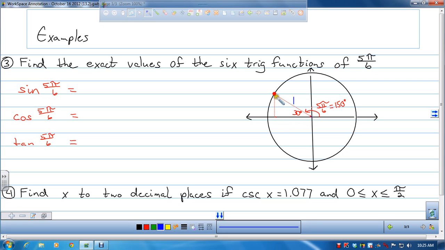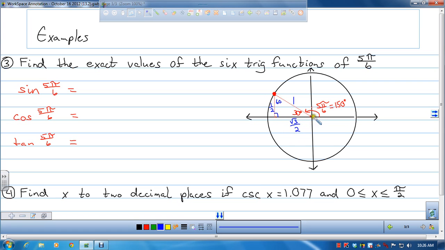And in a 30, 60, 90 triangle, I know the relationship between the short leg and the hypotenuse. I take the short leg times 2 to get the hypotenuse, right? Which means that the short leg is half the hypotenuse, which in this case would be 1/2. Then what do I do to the short leg to get the long leg? Short leg times root 3, if you remember, to get the long leg. So that would be root 3 over 2, because root 3 times 1/2 would be root 3 over 2.